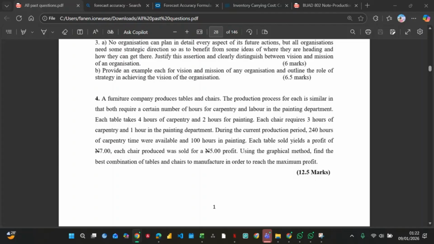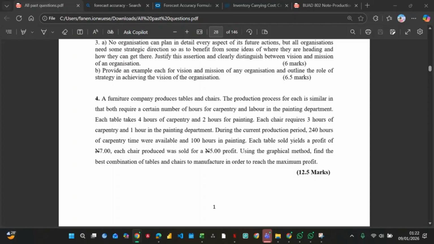Your variables are usually x and y. You said the furniture company produces tables and chairs. That is x and y. So your x is your table, and then y is your chairs.